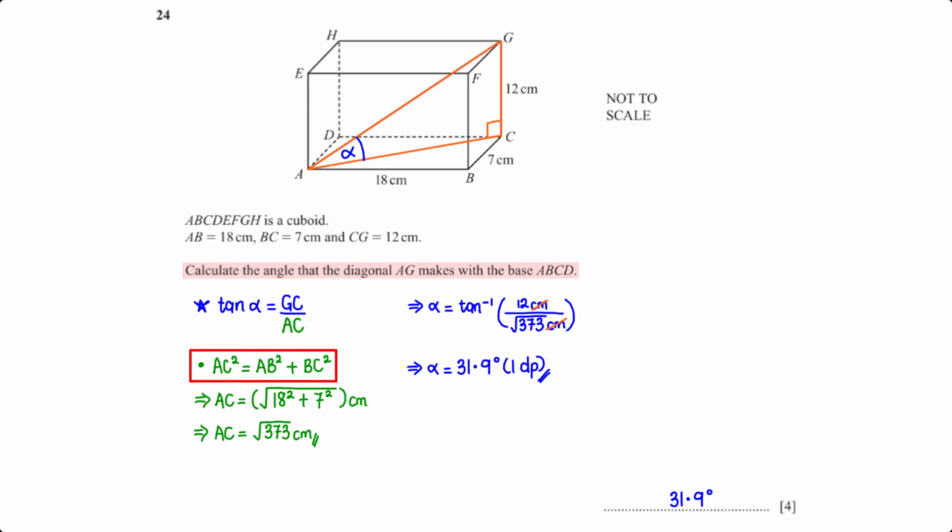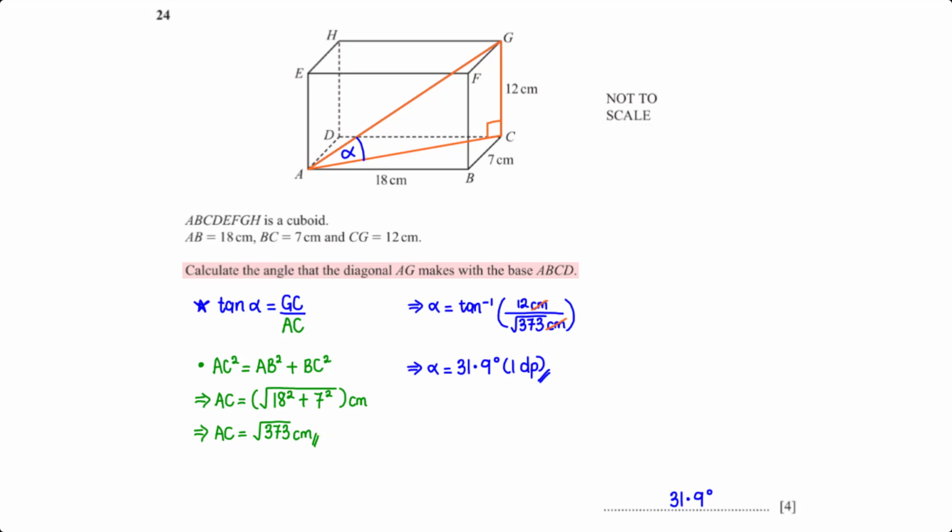This gives us AC squared equals AB squared plus BC squared. AB is 18 centimeters and BC is 7 centimeters. When we substitute these values into the equation and make AC the subject, this is what we get. 18 squared plus 7 squared is 373, and so AC is square root of 373 centimeters.